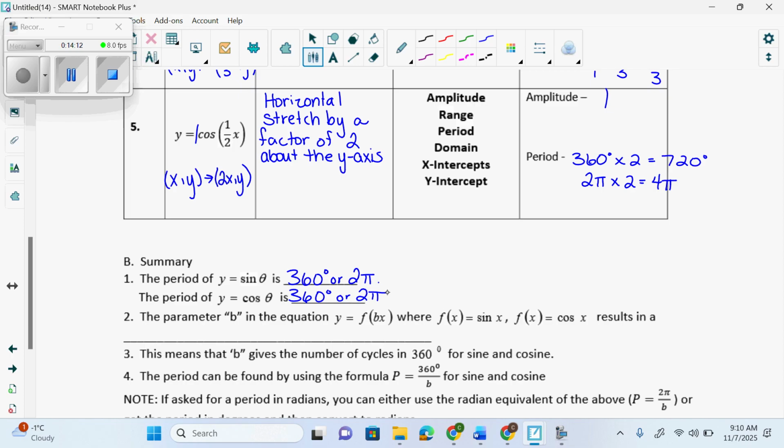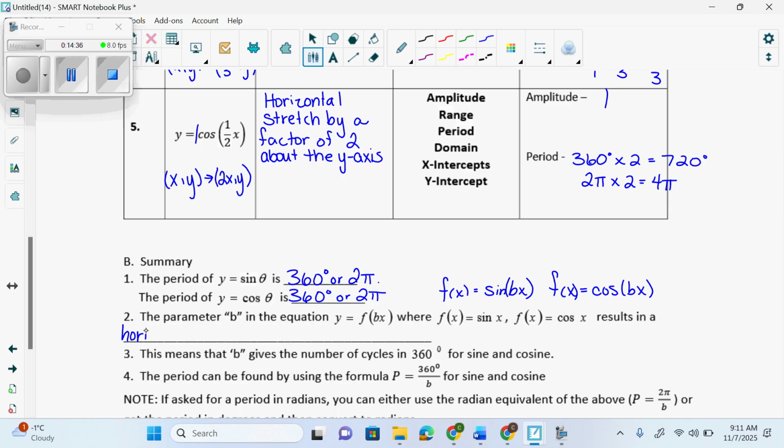The parameter b in the equation y equals f(bx), where f of x equals sine x or cos x, so basically you get f of x equals sine bx, or f of x equals cos bx, results in a what?